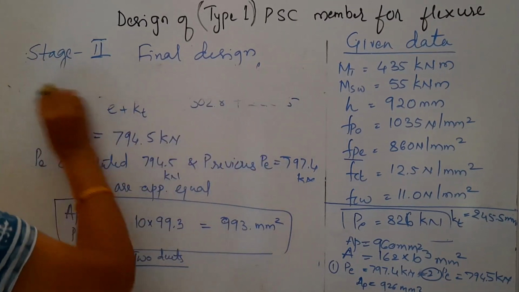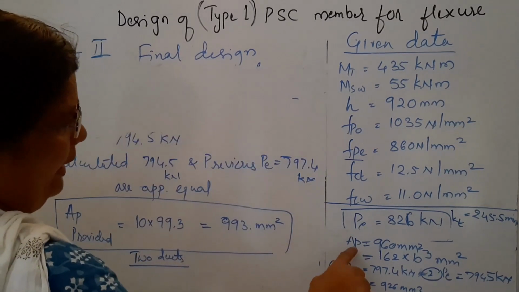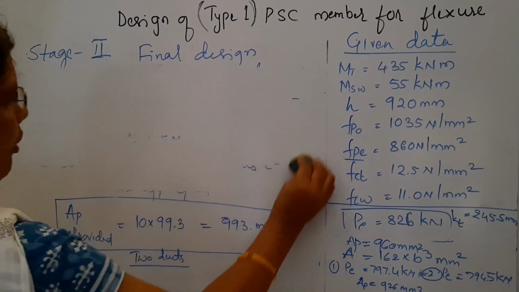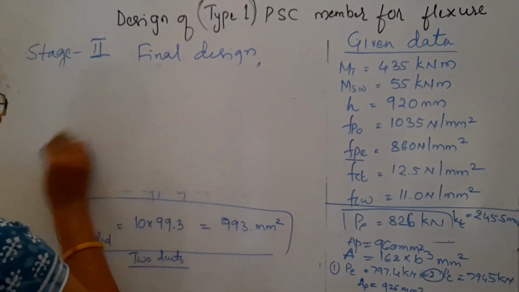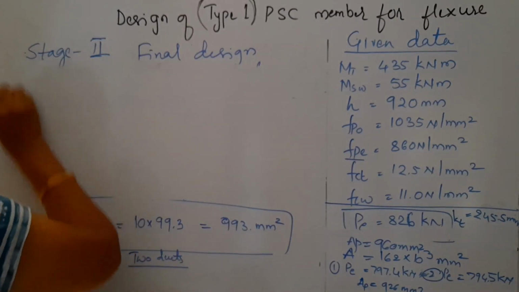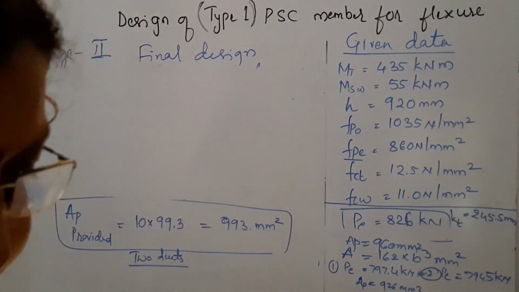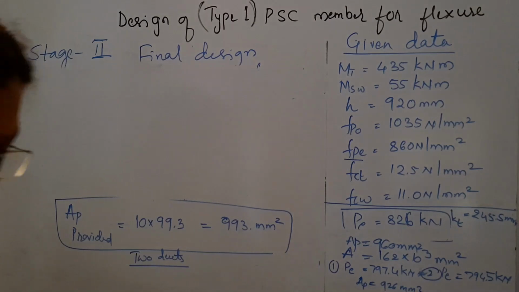Then finally we have to calculate whether the provided area 162 is satisfactory or not, using the formula of the compressive stress at the bottom during transfer and at the top during working conditions. This is the compressive check.